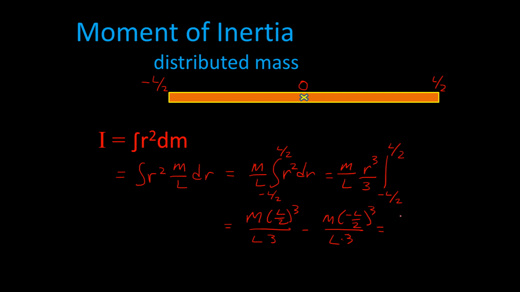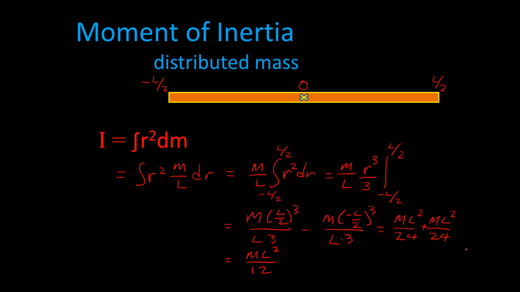Works out to what? We have ml squared over 24 minus a negative, so I get plus ml squared over 24. So for the moment of inertia, or the difficulty in trying to rotate this, I come up with a numeric value of ml squared over 12.